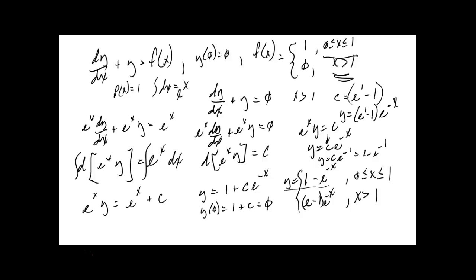There's your f of x is 1 anywhere between 0 and 1, and then it's 0 everywhere else. Okay? Now, that's your f. When you do this integration here, you have a derivative here. It's discontinuous. The derivative is discontinuous at x equals 1.